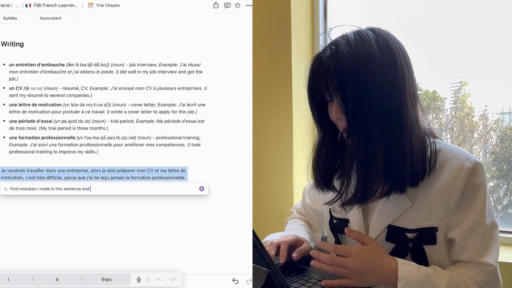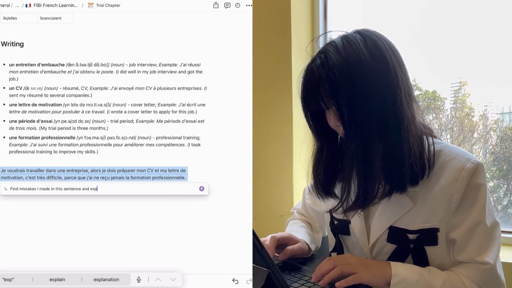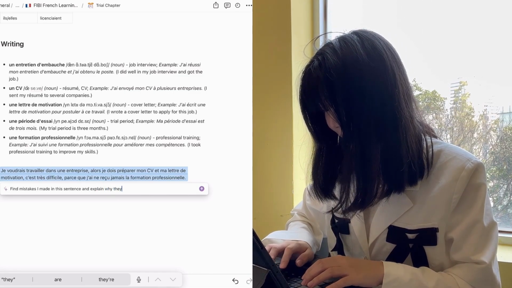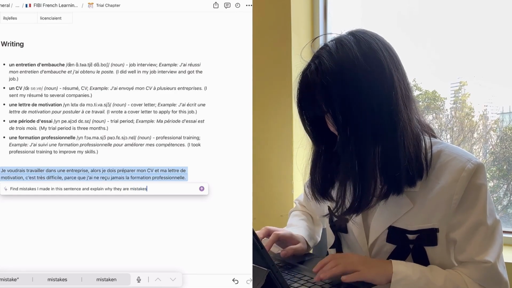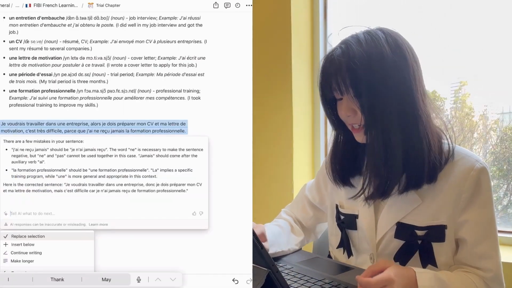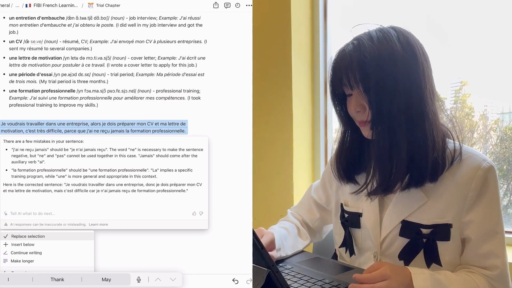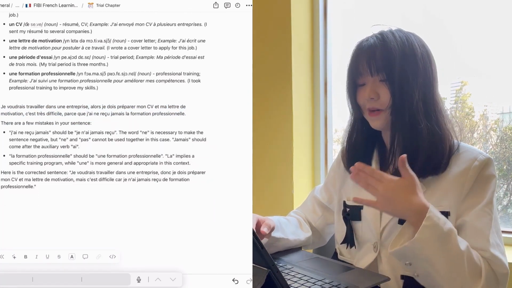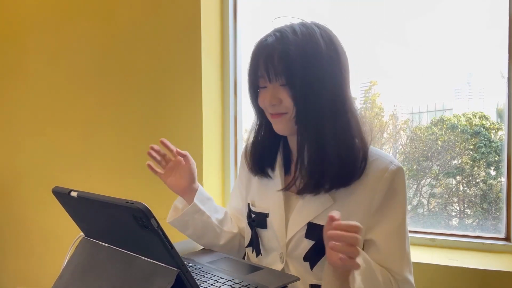Find the mistakes I made in this sentence and explain why they are mistakes. It's really good. I'm going to insert below. So whenever I refer to my own practice, I can know what kind of mistakes I've made so I can avoid making these mistakes in future.